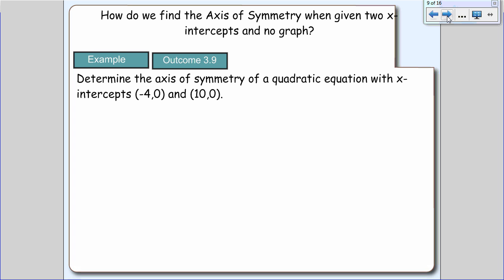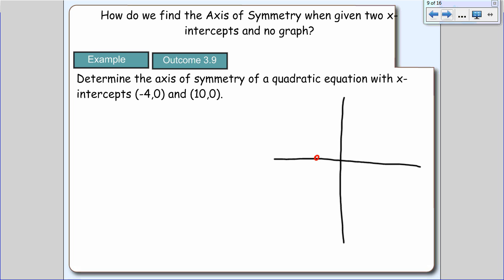Think about it for a second. We have a graph. We have no idea what it looks like. All we know is it's a quadratic, and we know that there's 2 points, right here and right here. 10 and -4.